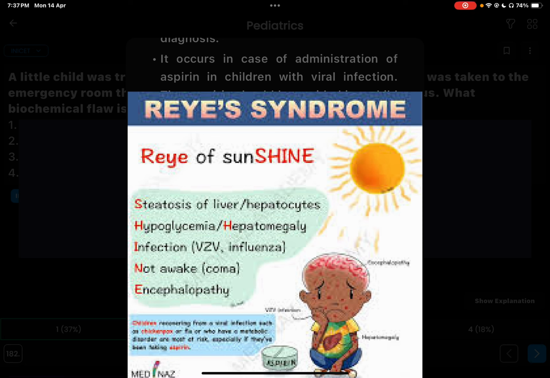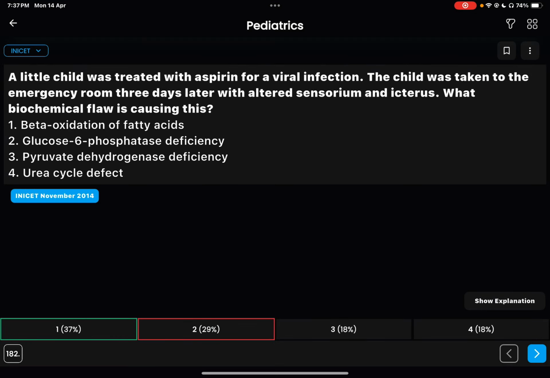Reye's syndrome, ray of sunshine. S is for steatosis of liver, hepatocytes. H is for hypoglycemia or hepatomegaly. I is for infection, chickenpox, influenza. N is for not awake, comma. E is for encephalopathy. Widespread mitochondrial dysfunction, no beta oxidation of fatty acids can cause steatosis in the liver.